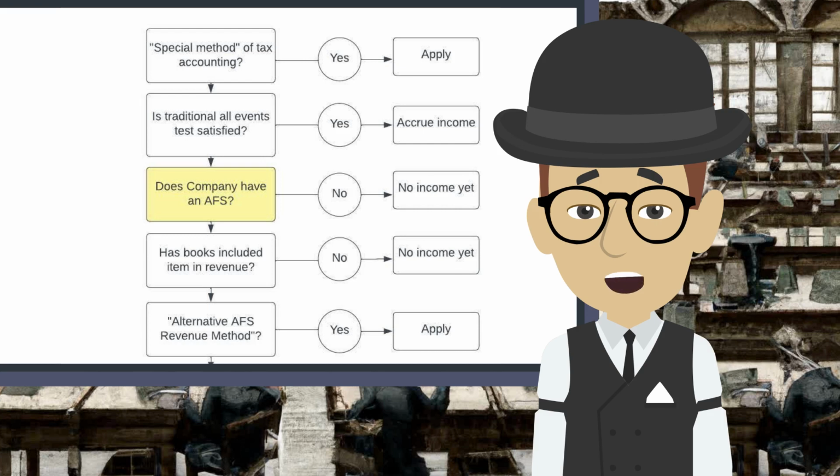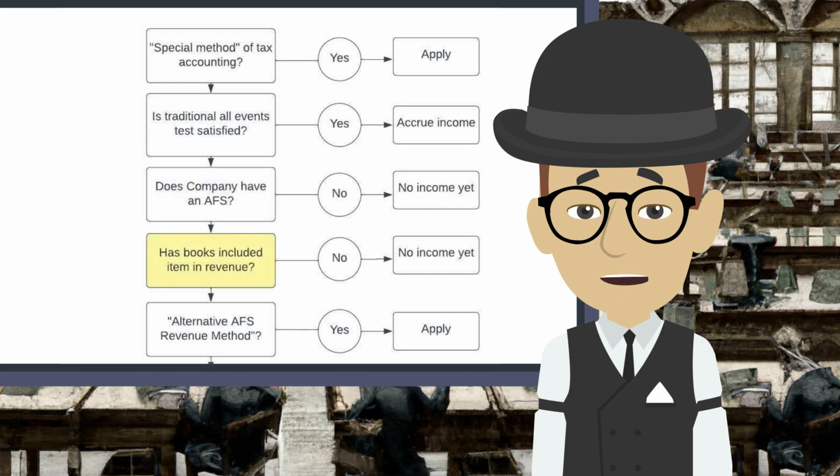An applicable financial statement is something like audited financial statements or financial reports that you have to file with the SEC. If not, the book conformity rule doesn't apply to you at all. And since the income hasn't satisfied the all events test yet, you don't have to include it in income until it does.